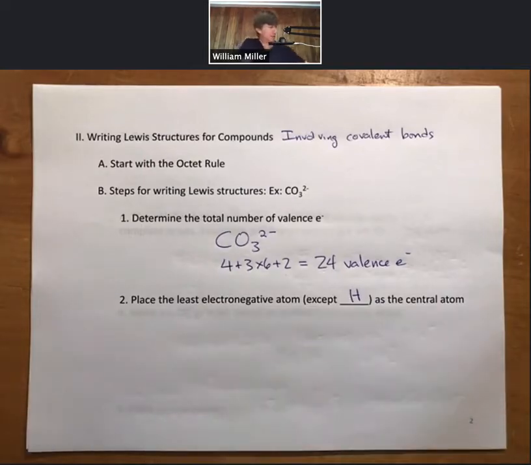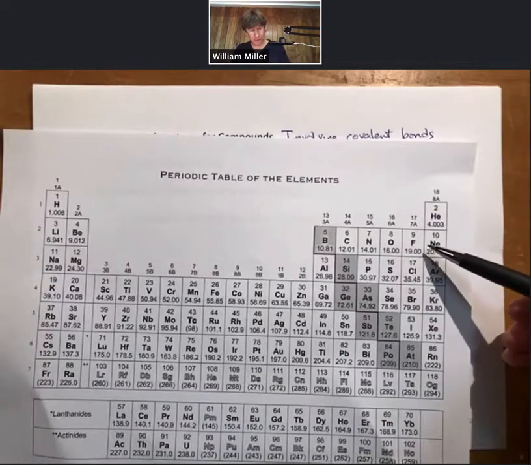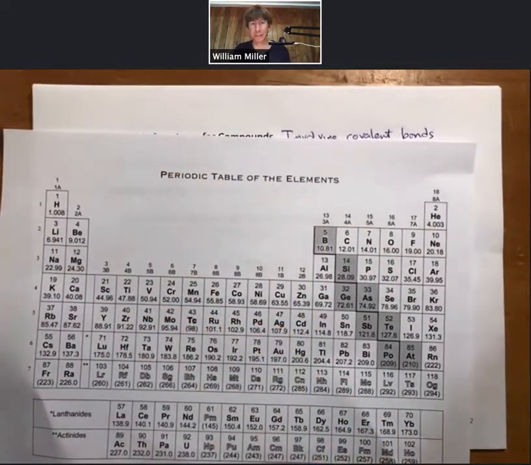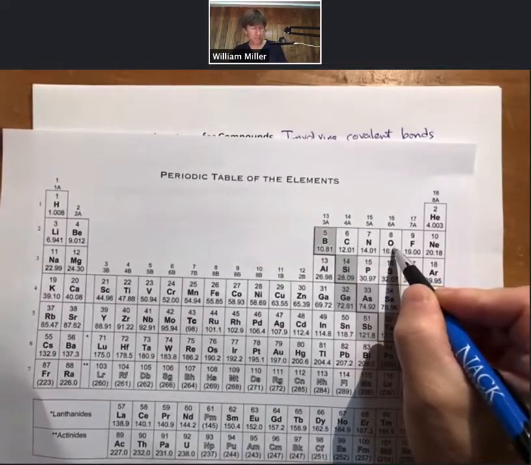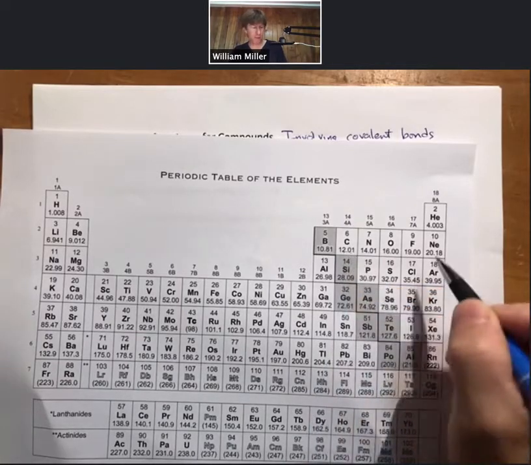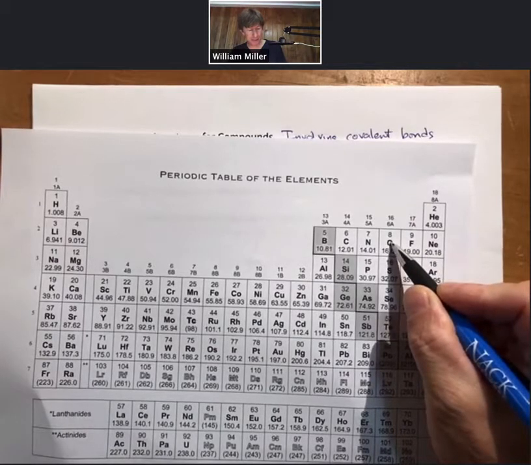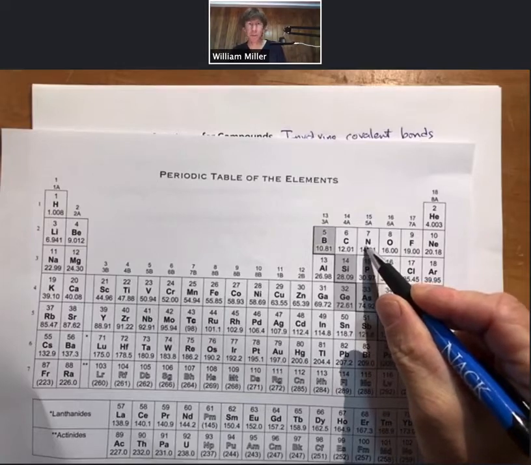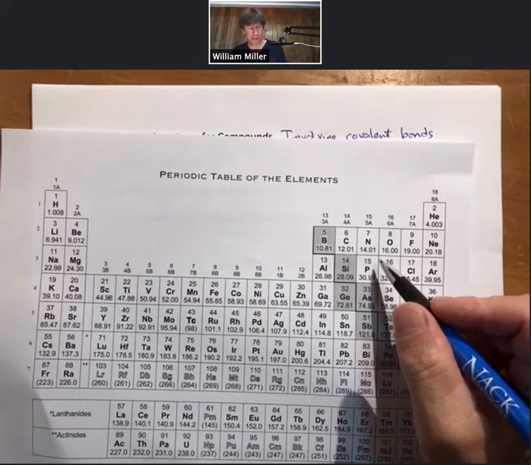Okay, electronegativity trends. This is where this becomes important. So as you go to the left and down, electronegativity decreases. So if we have 2 elements, carbon and oxygen, then carbon will be less electronegative. It turns out that fluorine is the most electronegative element, oxygen is second, and chlorine and nitrogen are tied for third, which when you need them, you will have the electronegativity scores.